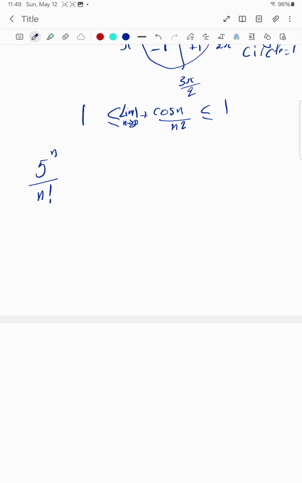I know the first 4 numbers of that series are going to be ascending, because if n is equal to 1, I will have 5 to the power of 1 divided by 1 factorial, which is equal to 5. And if n equals 2, I will have 5 to the power of 2 divided by 2 factorial, which is 2 times 1, so 25 divided by 2 is 12.5.